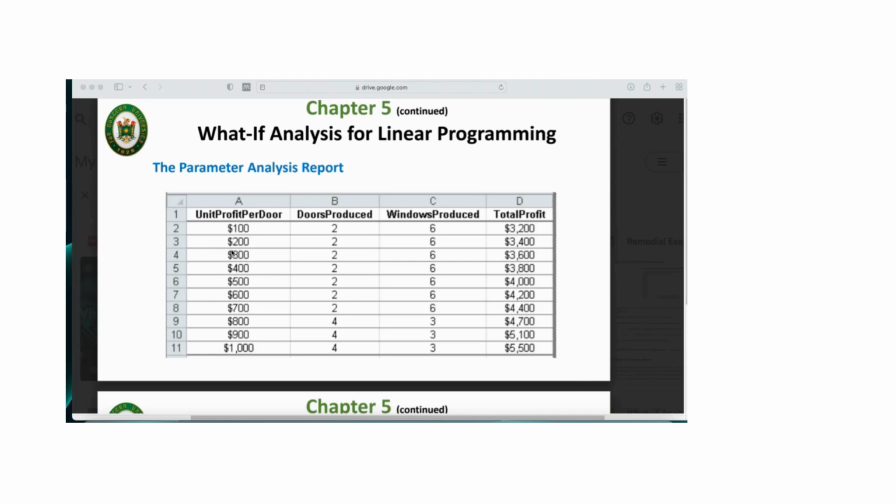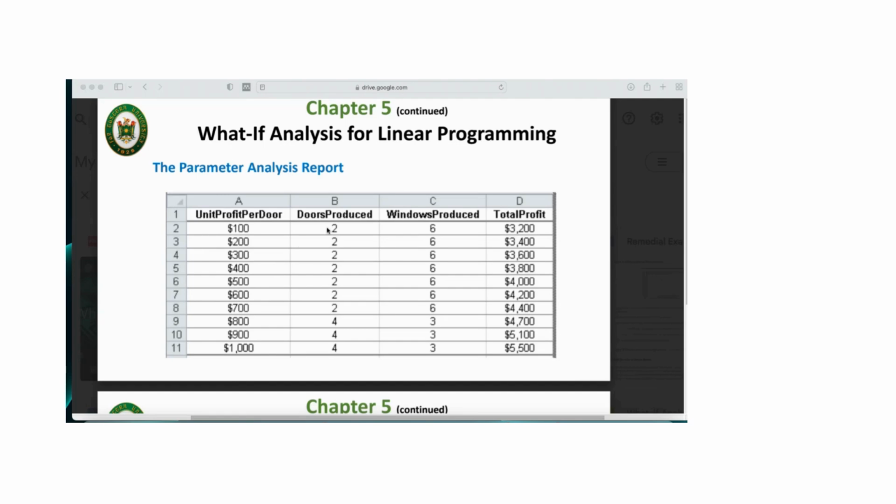The original value was $300 unit profit per door. No change was done on the unit profit per window. These are the different values that were used to replace the 300. The least was $100 and the highest was $1,000.